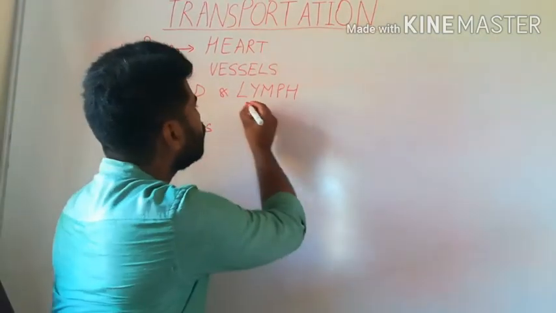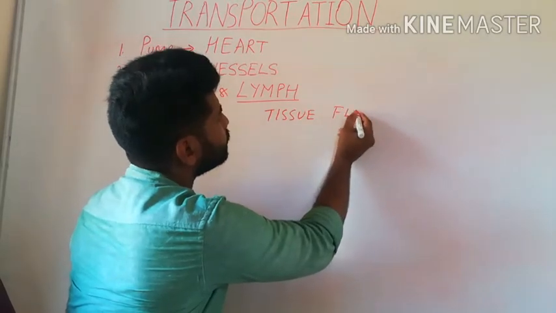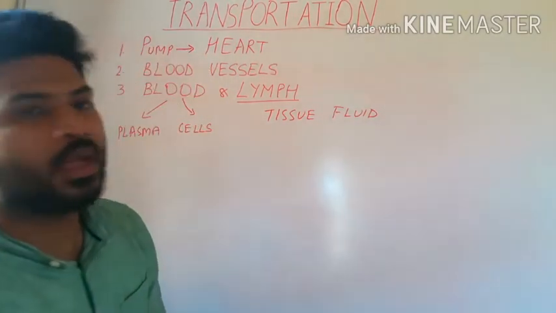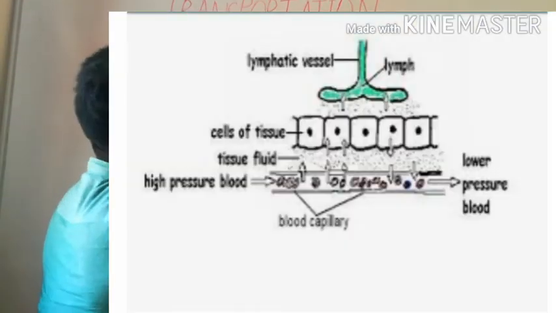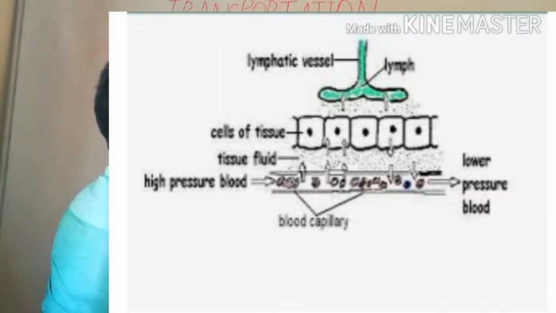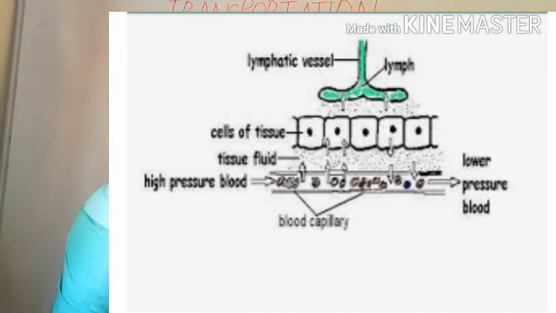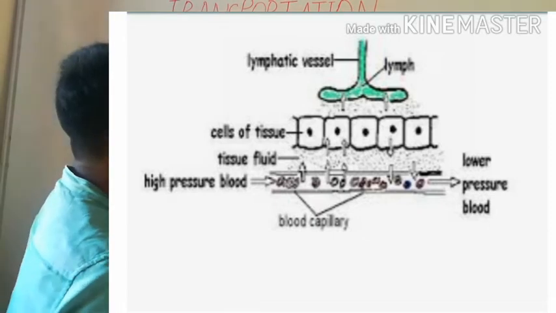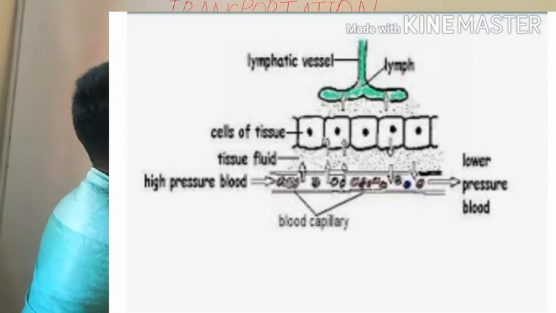Lymph is also called tissue fluid. How is lymph formed? Now, the blood vessels form small vessels known as capillaries, inside which we can see the cells and the plasma. Sometimes the plasma can leak out through the small pores present in the capillaries and accumulate in between the cells.